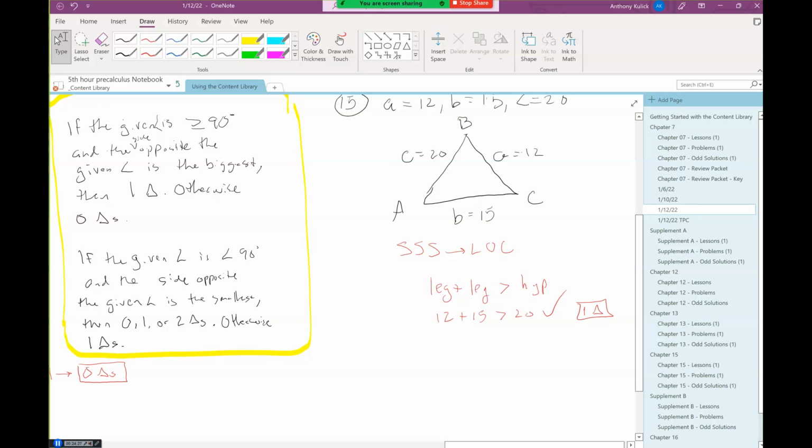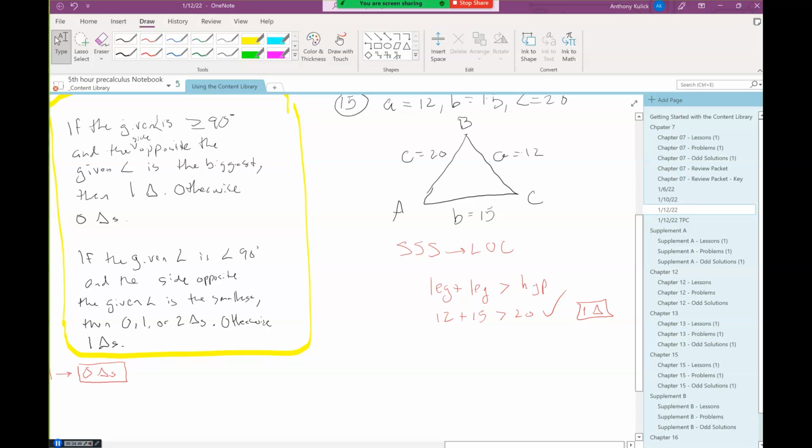A, B, or C? I want to find angle C first. Why angle C? Because angle C is going to be the biggest angle. Mr. Kulik, I don't know what the size of any of the angles. How the heck do you know angle C's got to be the biggest?